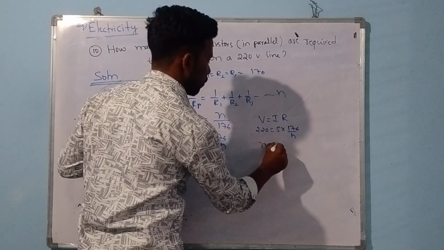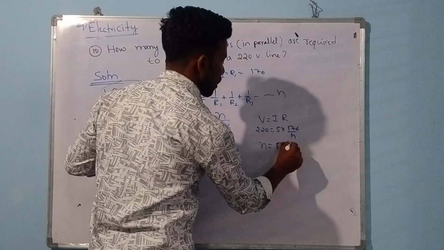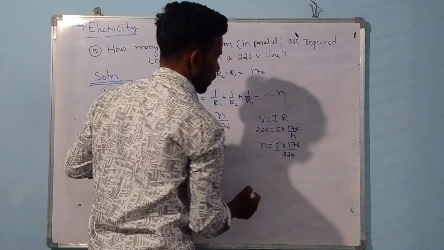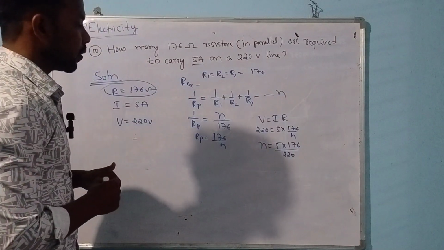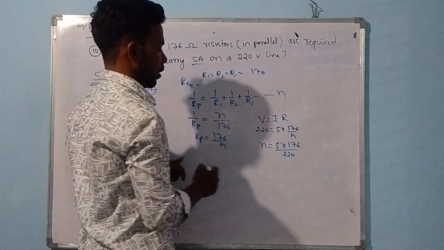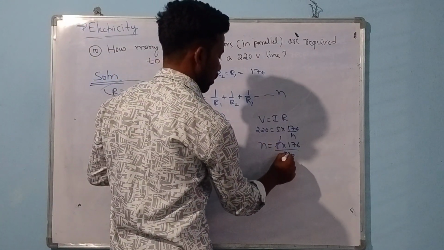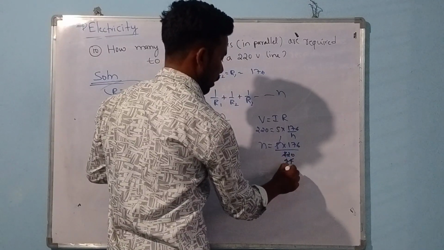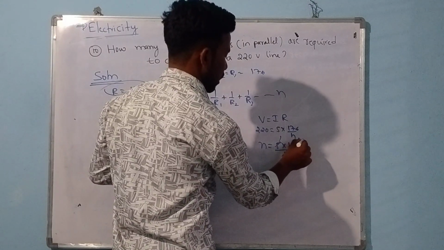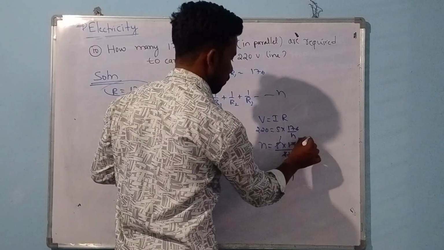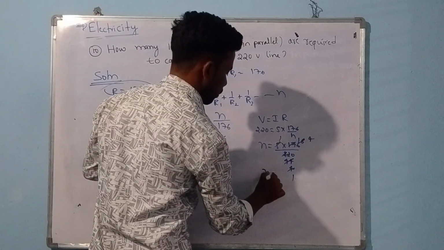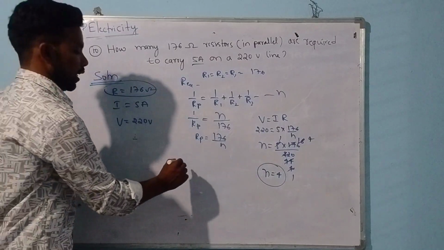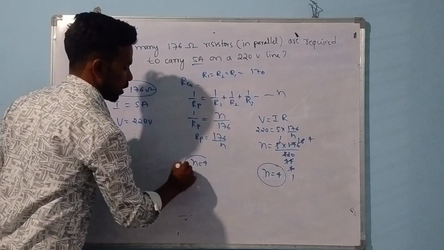So n is equal to 5 into 176 by 220. 5 ones are 5, 44, 11 fours are 44. So n is equal to 4. So how many resistors do they require? n is equal to 4 resistors.